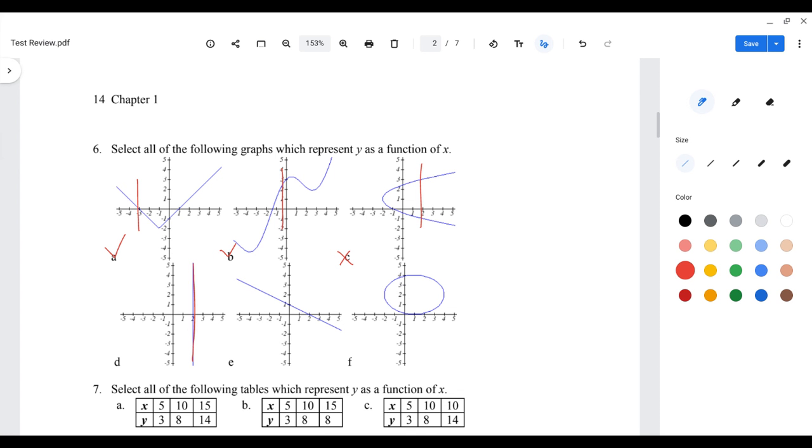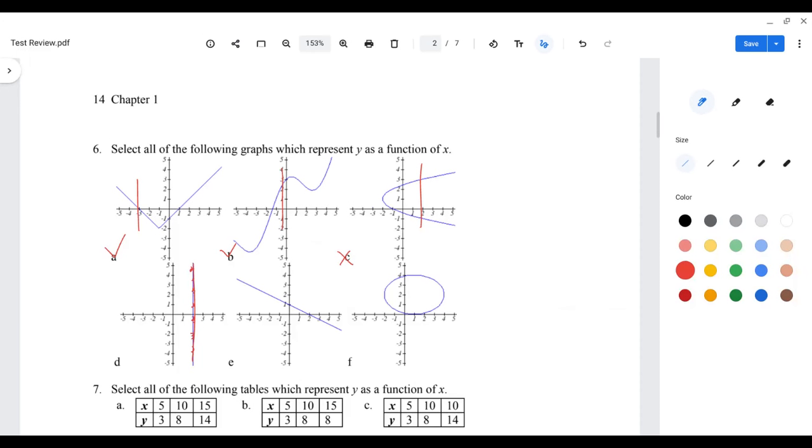If you draw a straight line on the function, well, it is a straight line, so well, we already know that this is a function. It's just x equals 2. Okay, so yes. This straight line, yes. This, no. So those are the answers.